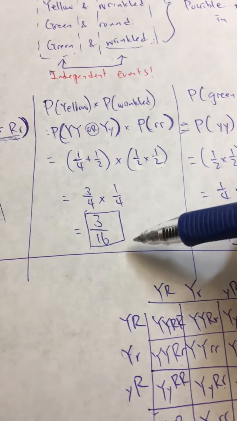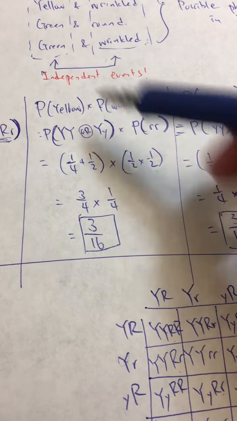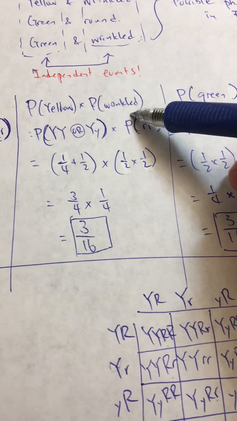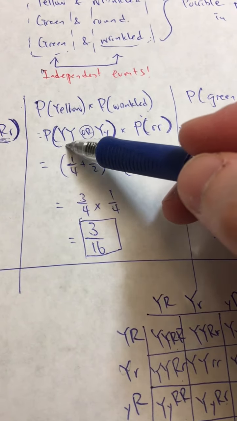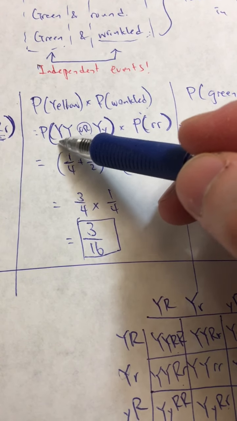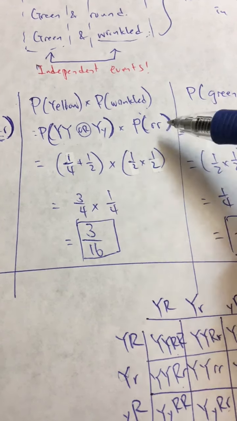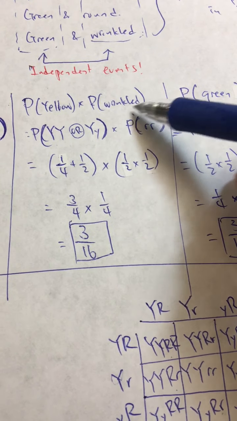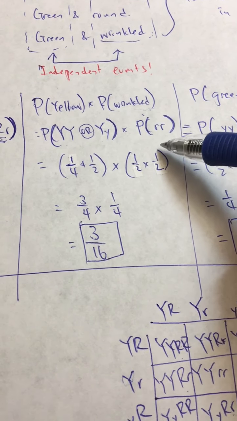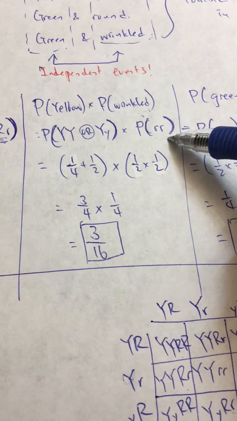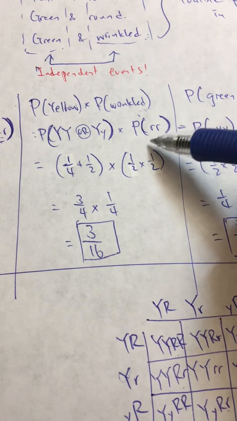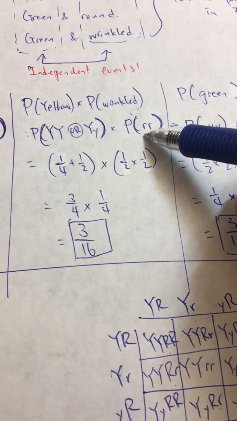Now when we look at the second possible phenotype, yellow and wrinkled: to be yellow, you just need at least one big Y, so that's 3/4. For offspring to be wrinkled, you need two small r's, since wrinkled is the recessive trait.